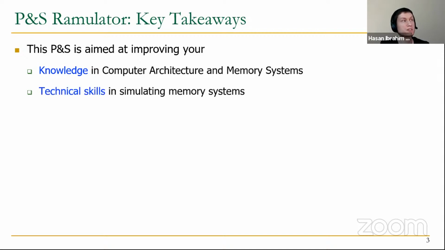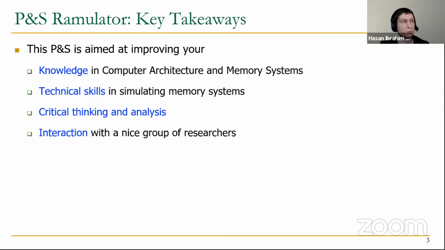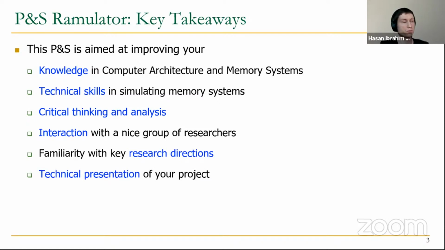You gain technical skills in simulating memory systems. So you get used to how to use architectural simulators, using Ramulator as a use case. And you develop critical thinking and analysis and interact with a nice group of researchers, familiarity with key research directions, technical presentations of your project.